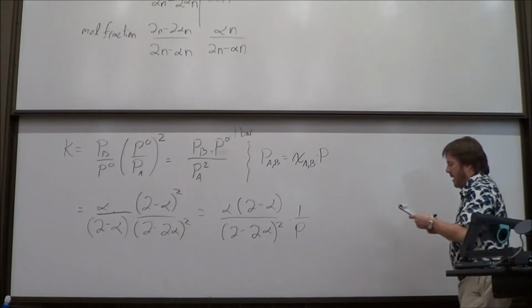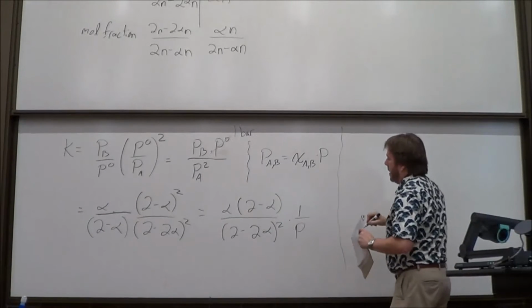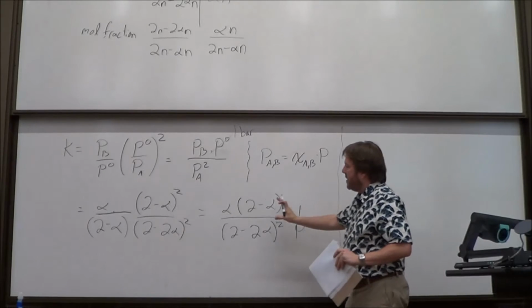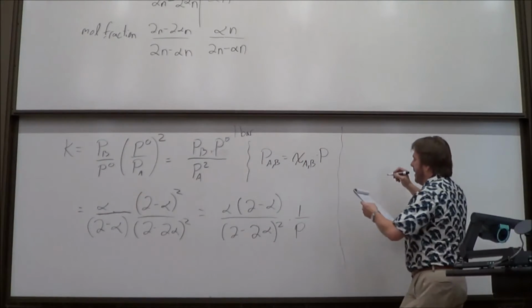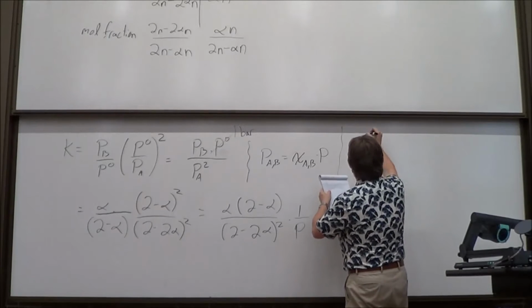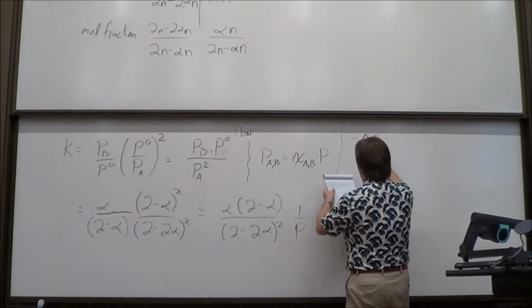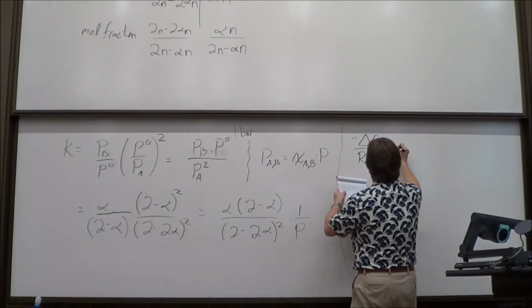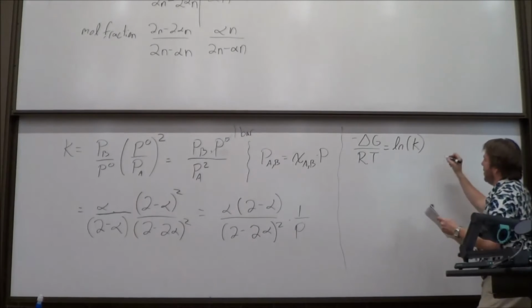And now, again, the equation in the back of the book. You would need to go this far in some snarky way. I've made this very easy. So again, you look at the equation in the back of the book. Delta G over RT is ln K. Okay, but this is 0.